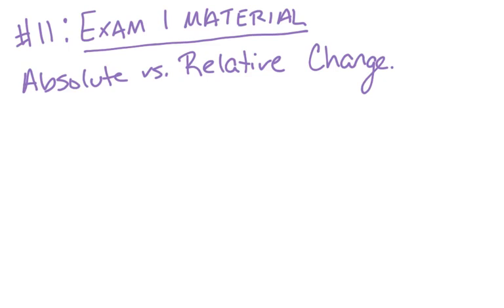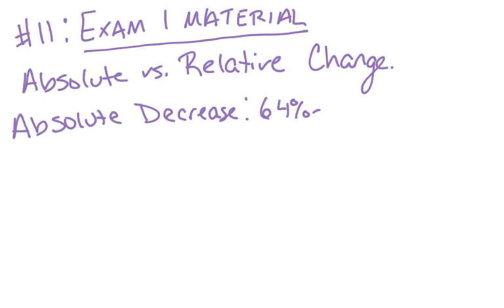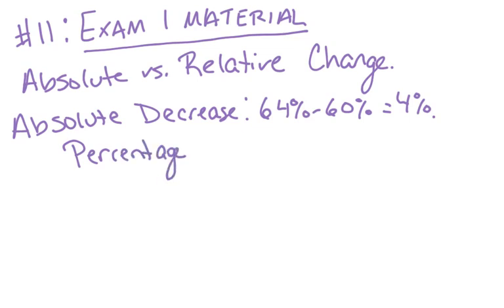And so when we talk about that percent decrease and we want to explain why the answer is not 4%, well, that absolute decrease is totally 4% because we're going from 64% all the way down to 60. So yes, we had an absolute decrease of 4%, but it asks us for the percent decrease.